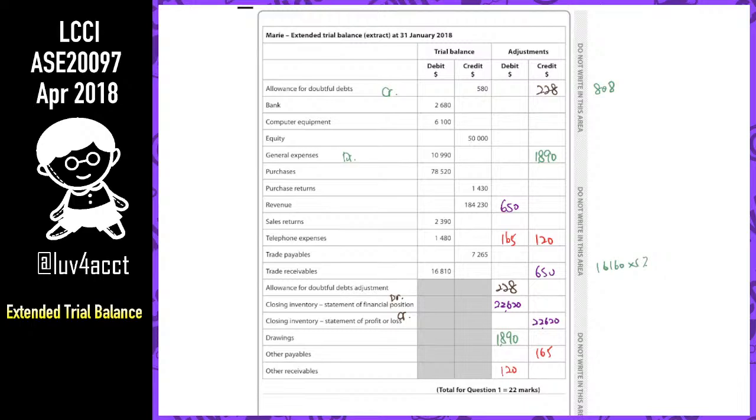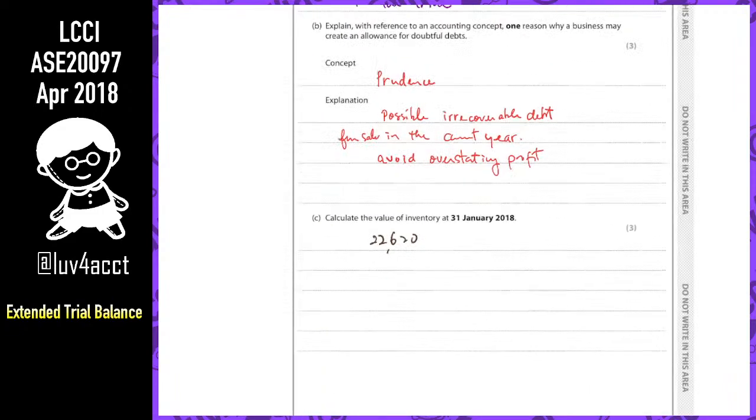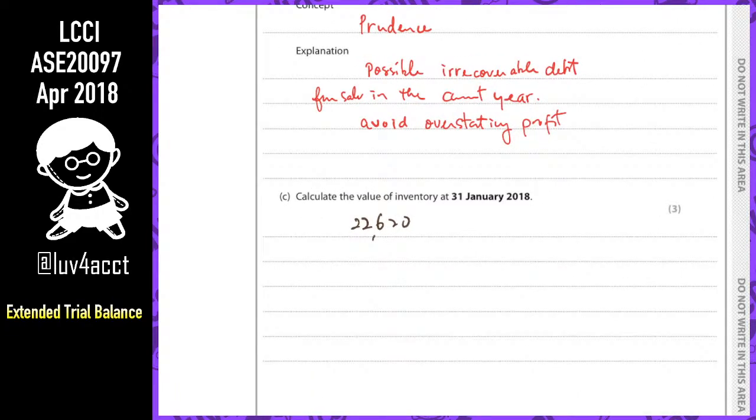My answer, if compared to the mark scheme, there will be a difference of 2 marks. For these 2 marks, I am willing to pay in defending what is right. 1 mark is here, the calculation of value of inventory.